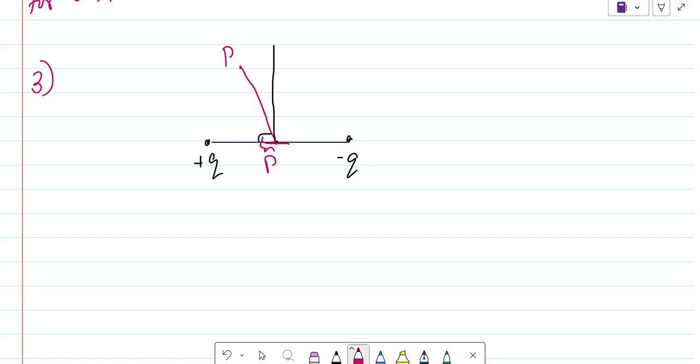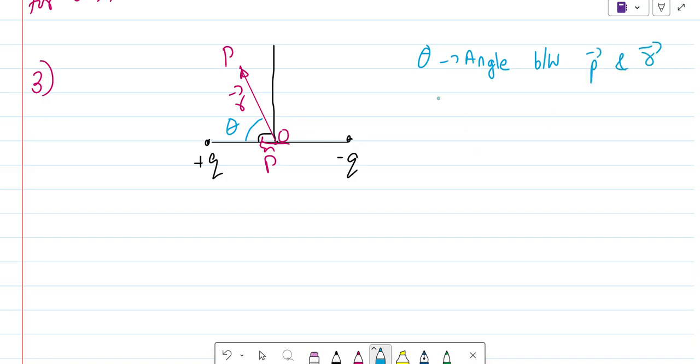So this is your r vector, that is the position vector of the point from the origin. This point is taken as the origin, the midpoint of the dipole. Let this angle be theta, that is theta is the angle between the dipole moment vector and the position vector of the given point.